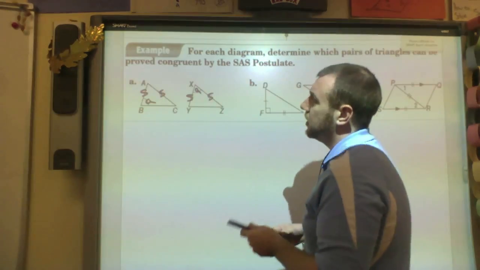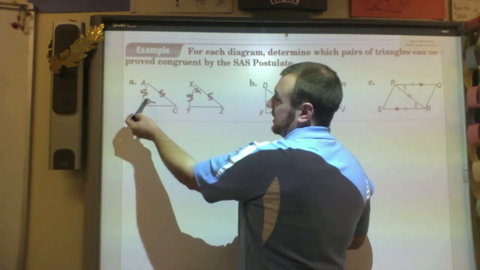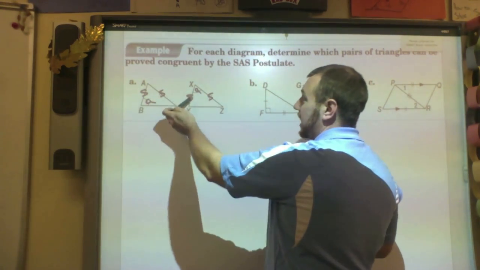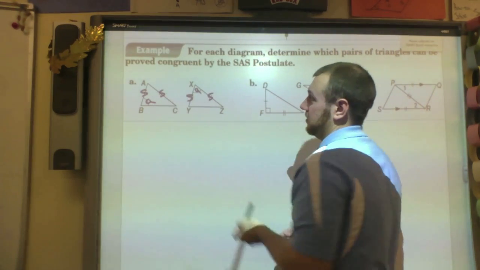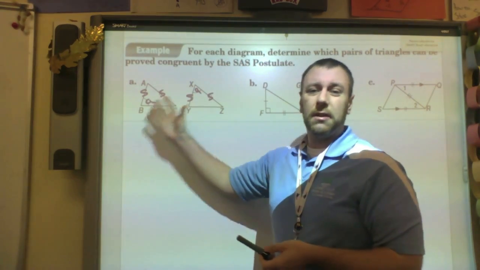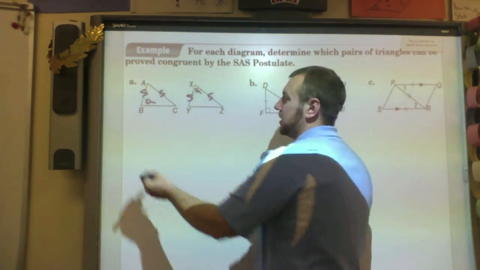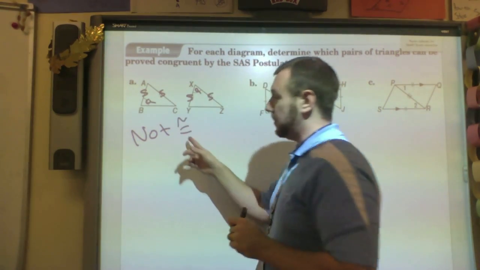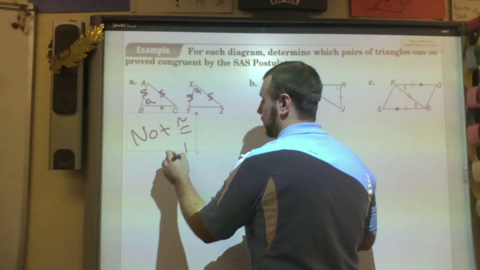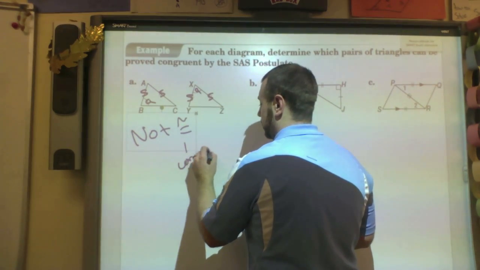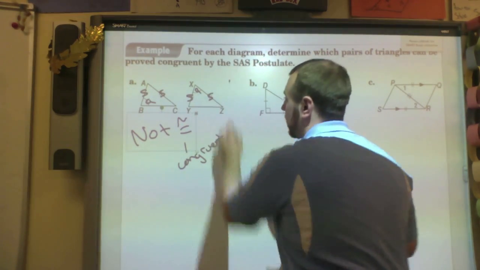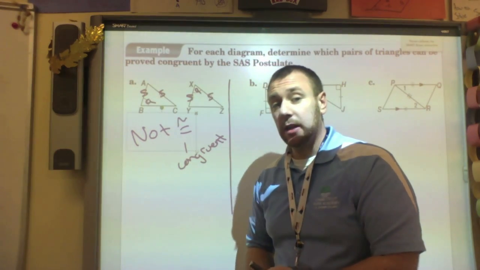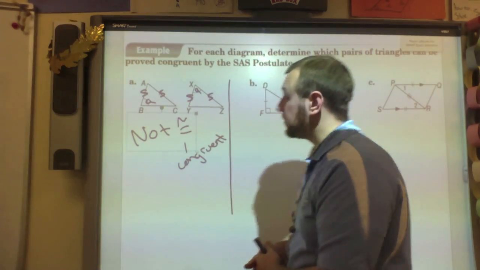Okay? So, you'll see that it's an angle, side, and then a side. While this one is a side, then an angle, and then a side. So you notice that they're in a different order. That means these triangles are not congruent. And remember, that symbol means congruent. So it doesn't fit into my side, side, side, or it doesn't fit into my side, angle, side.